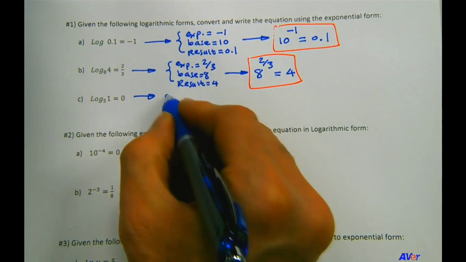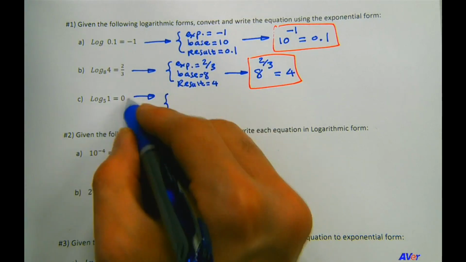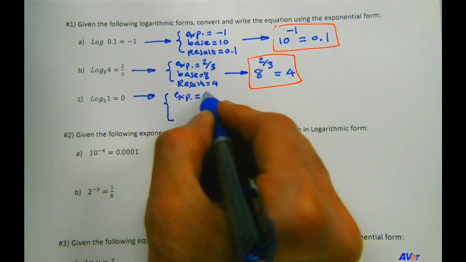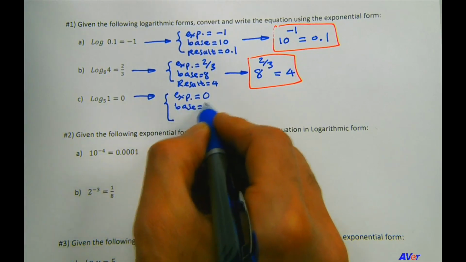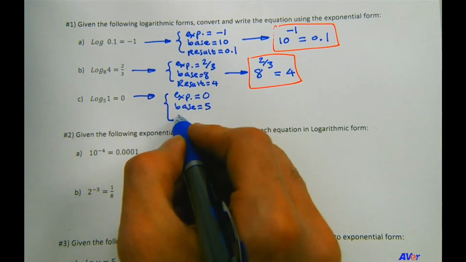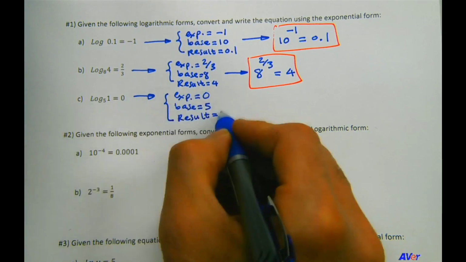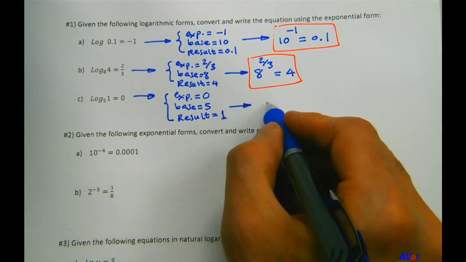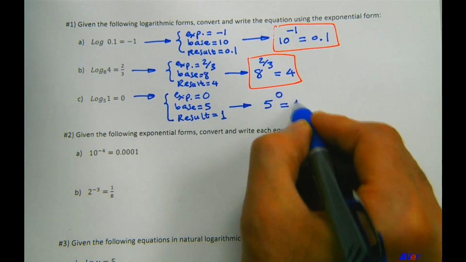This one, we have log that generates an exponent. So this 0 is an exponent. The base is 5. Again, if it was blank, it would be 10, right? But it's not, so it's 5. And the result is equal to 1, right? So put it together in exponential form. The base is 5, the power is 0, and the result is 1.